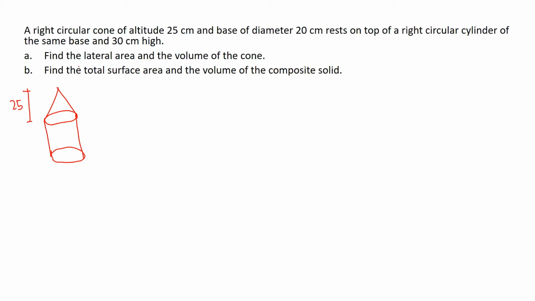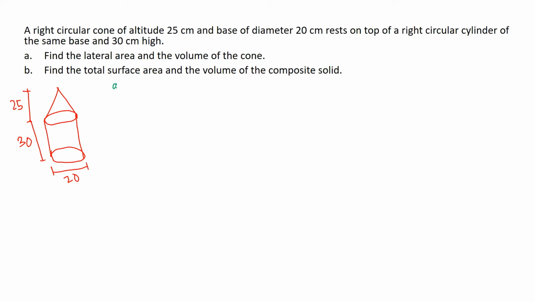Diameter, so, imuhang cone o cylinder, same man daw ang base. So, 20 ang iyahang diameter silang duha. Given ang height sa imong cylinder, 30. So, from there, isolve nimo, first, lateral area, and volume ni cone.